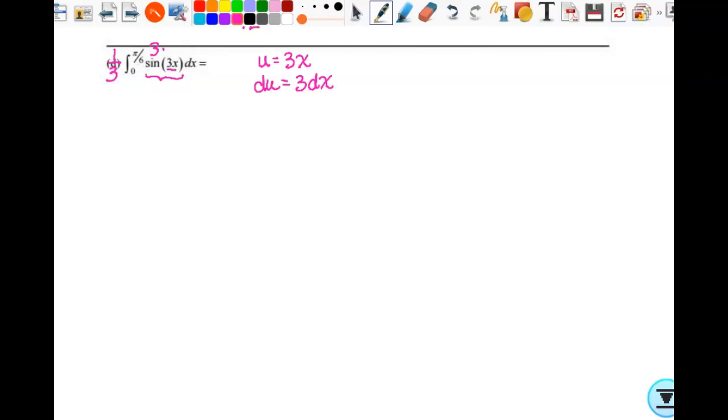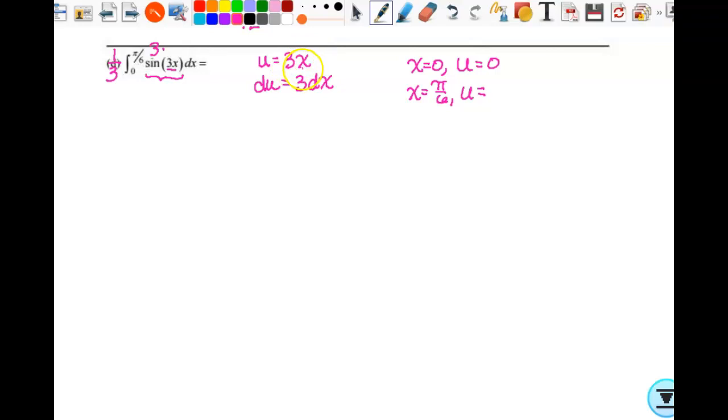Right? And I also am going to change from x's to u's, so I have to say, when x equals 0, then u equals, I substitute x into here, and I get 0. When x equals pi sixths, u equals, well, I take pi 6 and multiply it by 3.